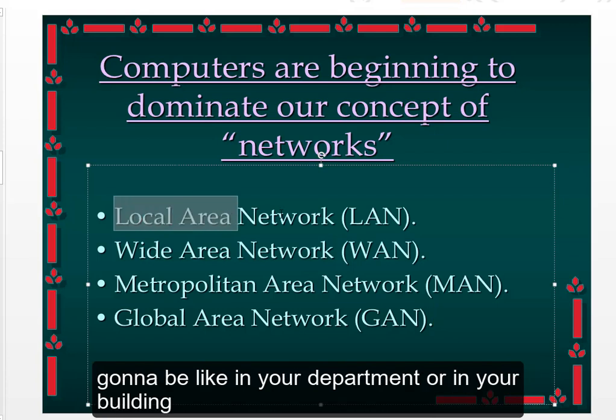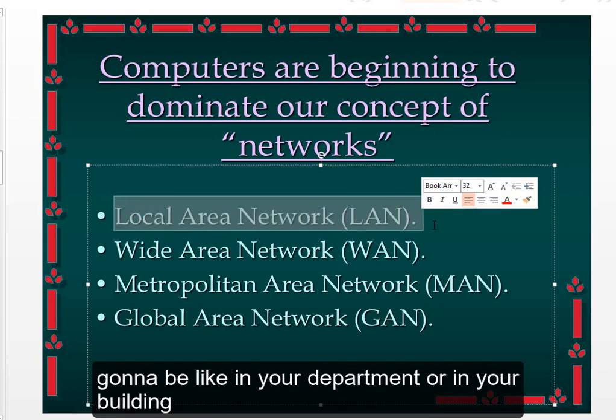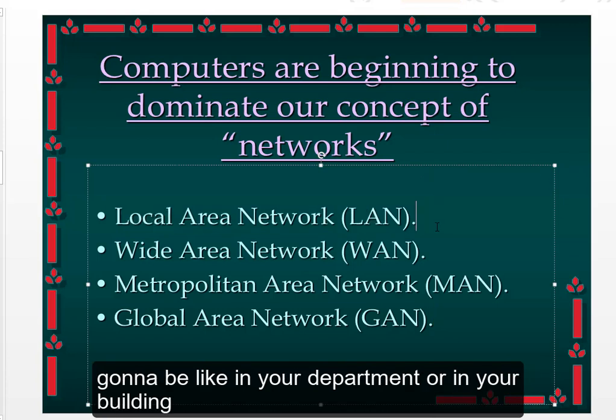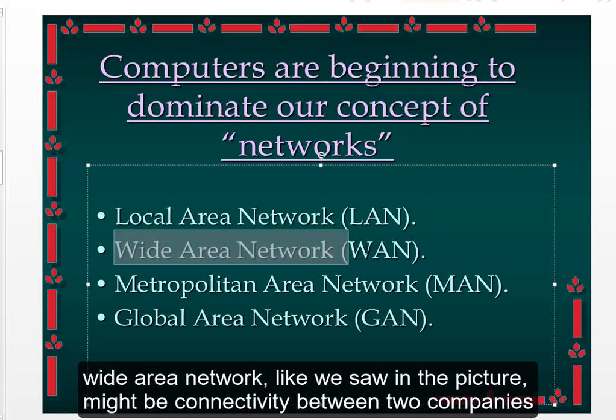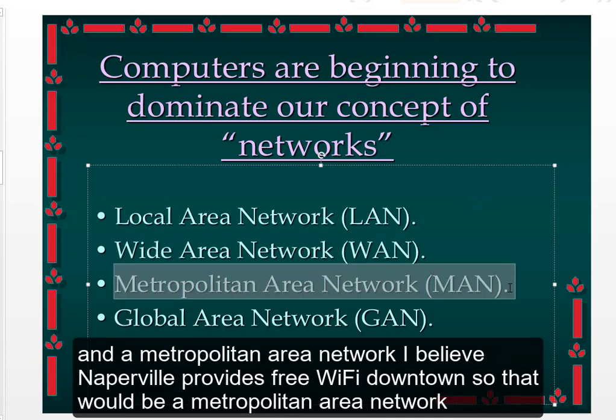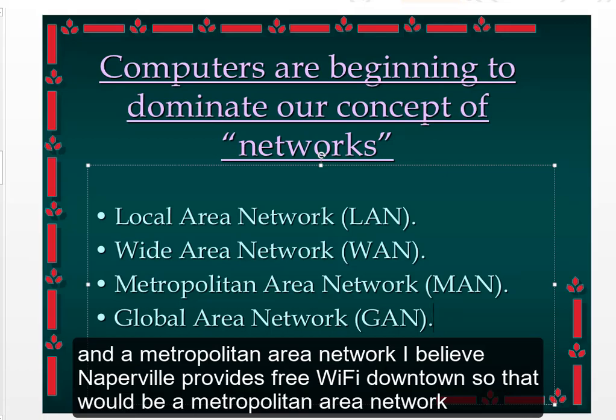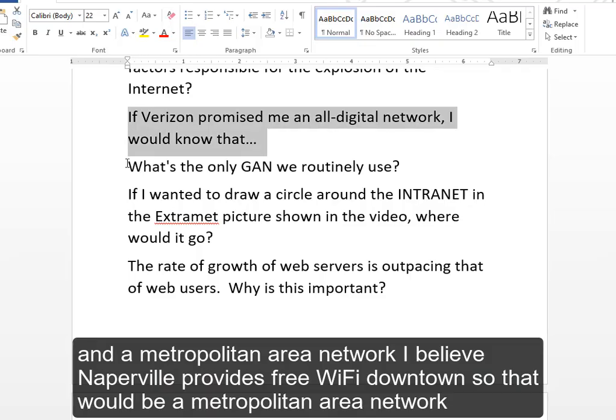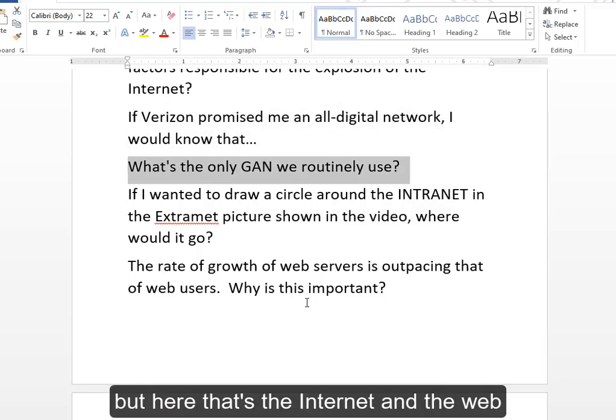A local area network is going to be like in your department or in your building. Wide area network, like we saw in the picture, might be connectivity between two companies. And a metropolitan area network, I believe Naperville provides free Wi-Fi downtown, so that would be a metropolitan area network. But here, that's the internet and the web.